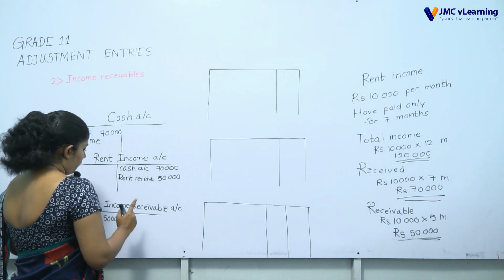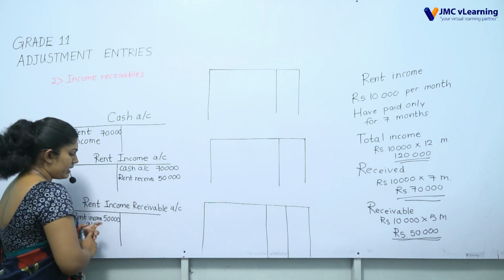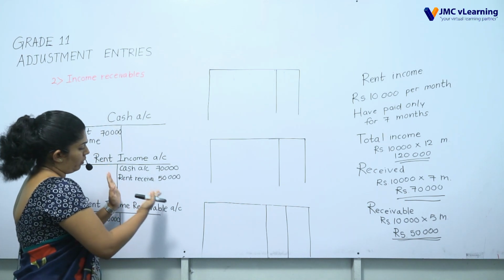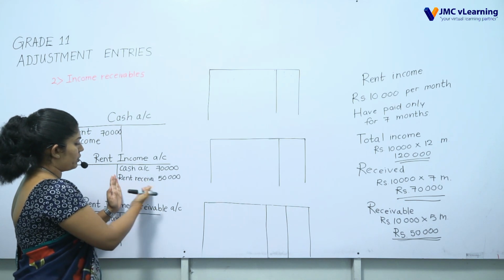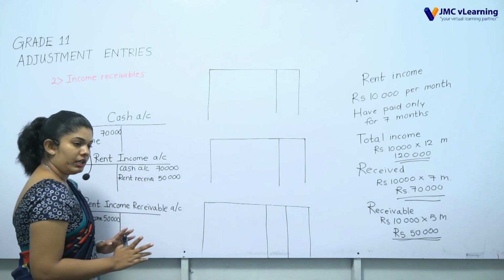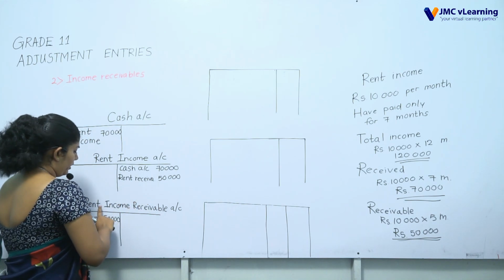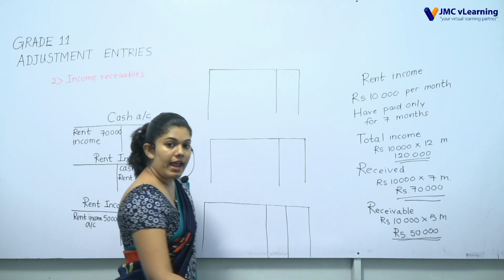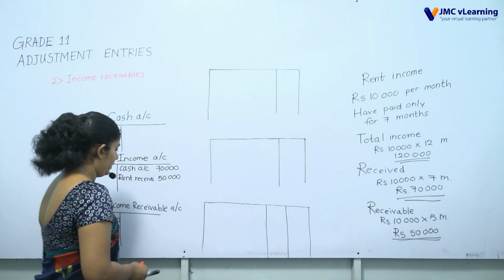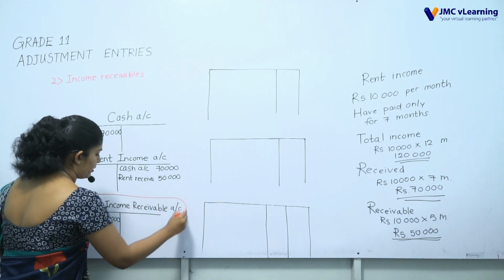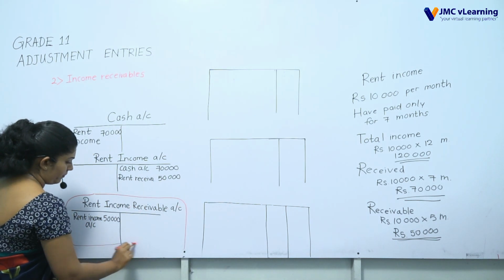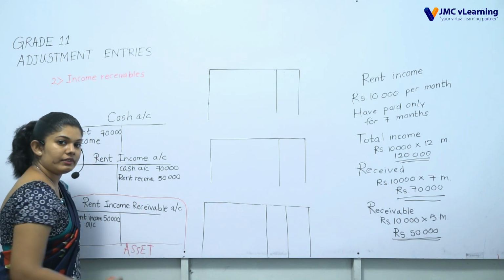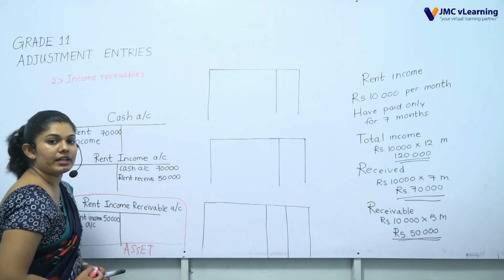Now, why did we record this in the rent income receivable account? You might say the opposite entry is in rent income, and it is mentioning receivable, that is why. No, there is a reason. This rent income receivable is an asset account, and that is why its balance comes to this side.